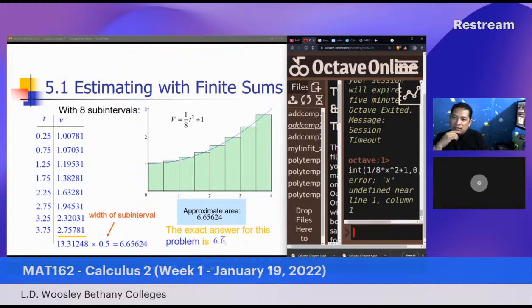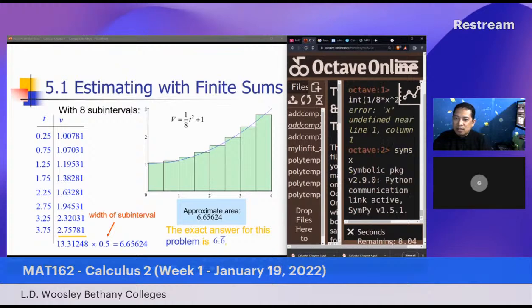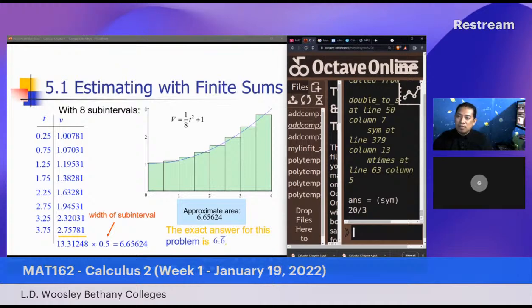Teka, nakalimutan niya yung symbolic kanina. Since x. Nakakalimot kasi ito si Octave eh. Kasi pag nag-offline siya, putol lahat ng variable mo. So, ulit ka ulit. Buti na lang, pero yung command, you could just press up and down button, marirecall niya. 20 over 3, which is equal to 6.66.